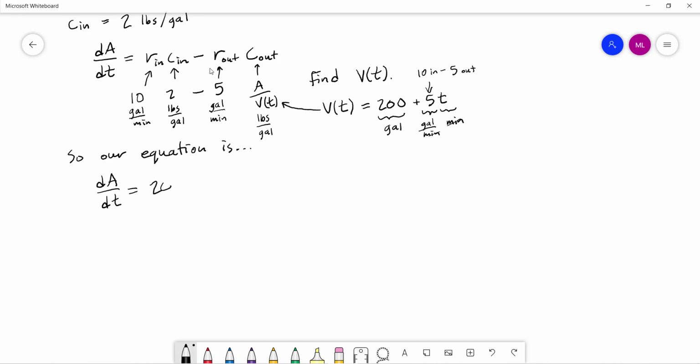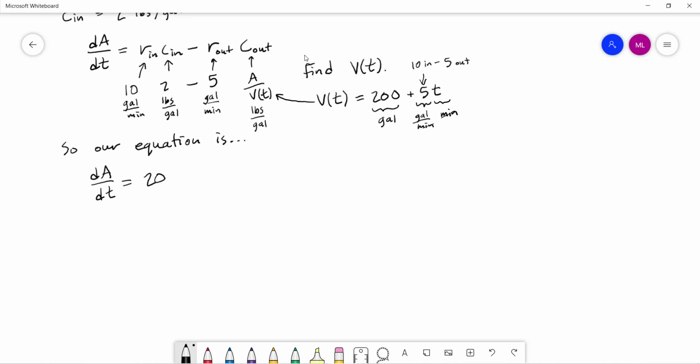So that first number is going to be 20. And then we're going to subtract 5 times A over V. So minus 5 times A over our V. And we just found our V is 200 plus 5T. So this is our big ugly equation. It is definitely not as nice as the one that we were just doing. It's certainly not as simple.